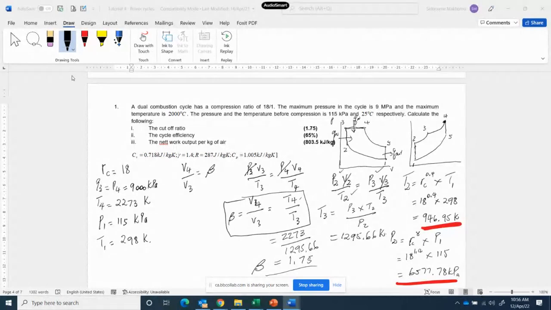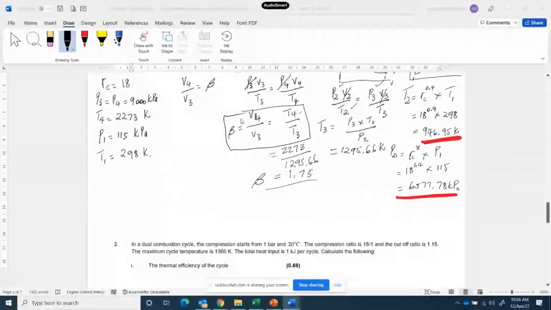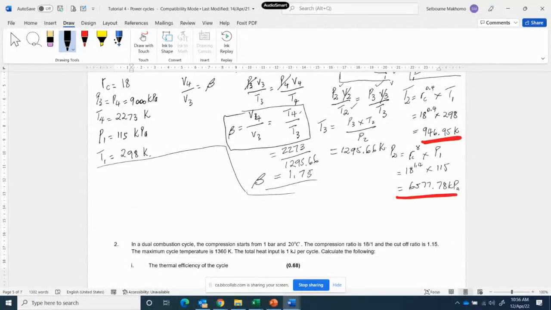The first question. The second one is the efficiency. I believe we have everything now for efficiency, where the dual efficiency is equal to 1 minus 1 divided by RC exponent gamma minus 1, bracket, times the pressure ratio times beta exponent gamma minus 1, divided by pressure ratio minus 1 plus pressure ratio times gamma times beta minus 1.